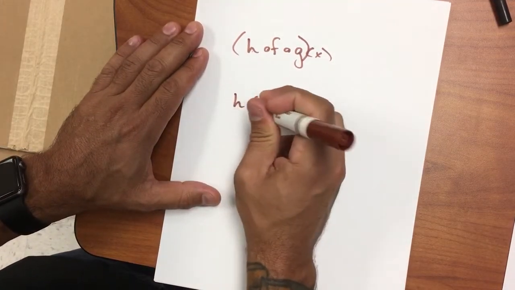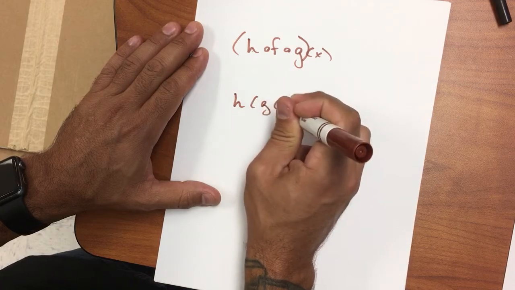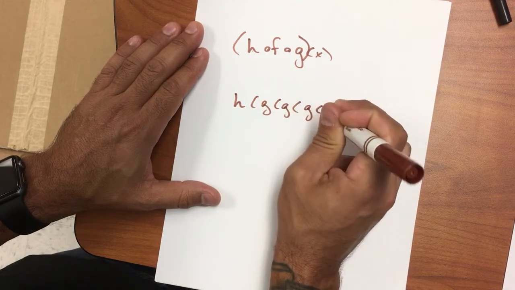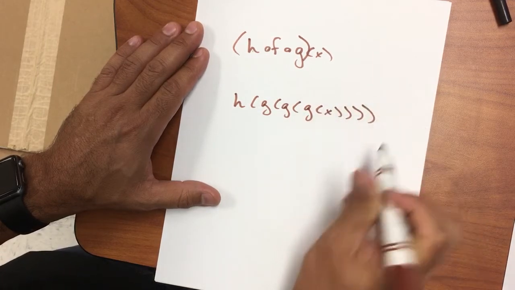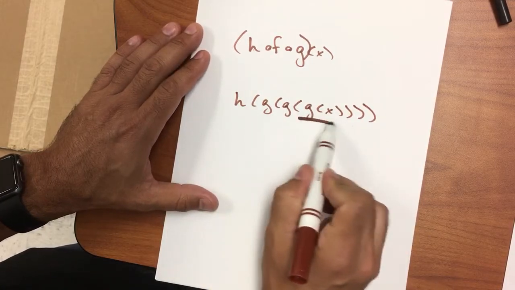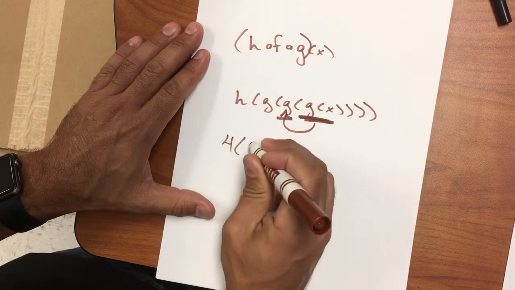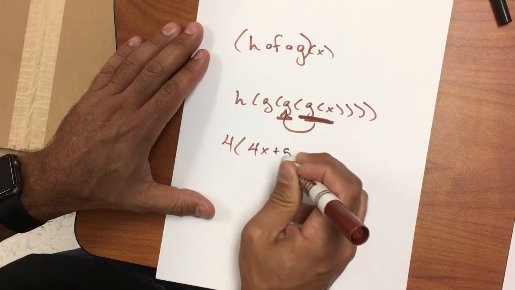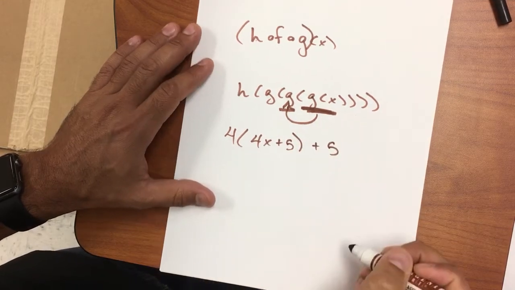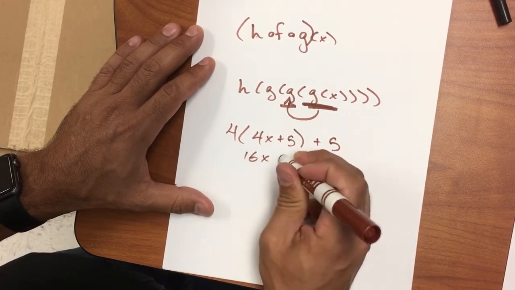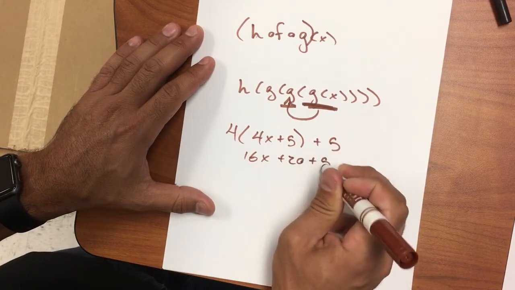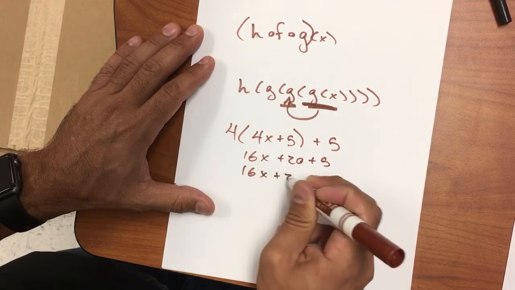So I'm going to do a couple more examples. I'm going to do h of g of g of g of x. So I can plug the same thing into itself. I'm starting with g, and I'm plugging that into g. So I'm going to do 4 times 4x plus 5 plus 5. Distribute this, 16x plus 20 plus 5, 16x plus 25.